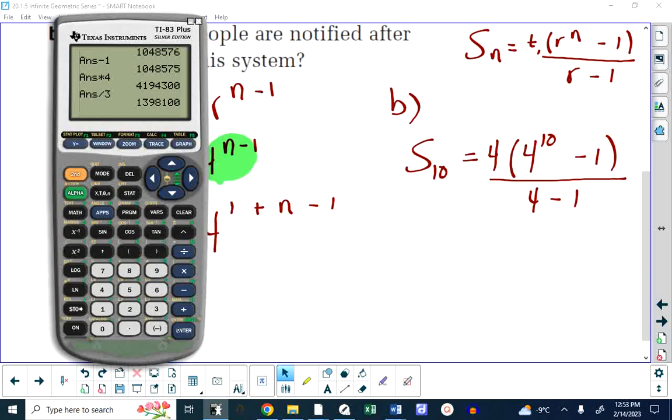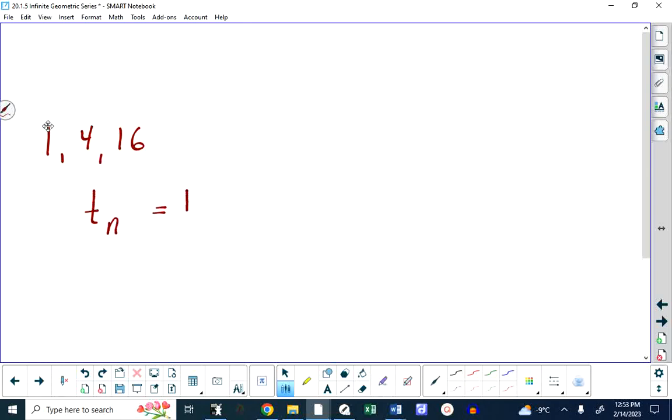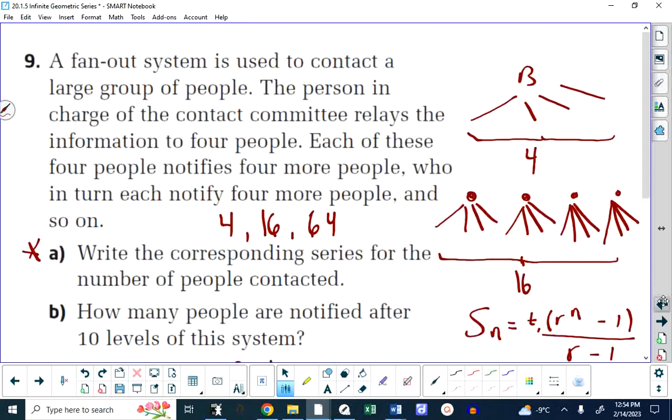But we have another problem here, and I really don't like the way this question is worded. Because if you say this is the sequence, which is the second option in the back, I'm assuming, then t sub n is 1 times 4 to the n minus 1. So this is the boss as being somebody who's contacted. Okay? But then, what does it mean to say, look at the words here, after 10 levels?